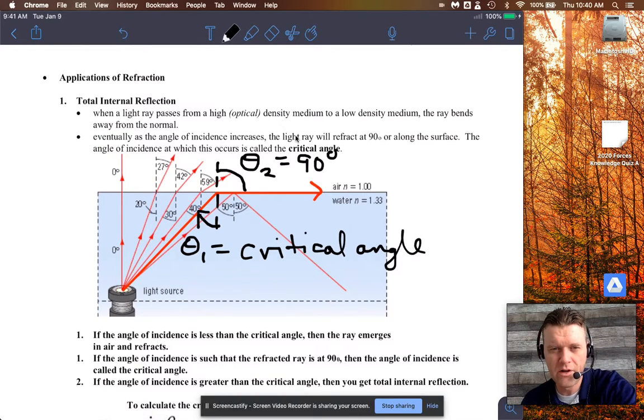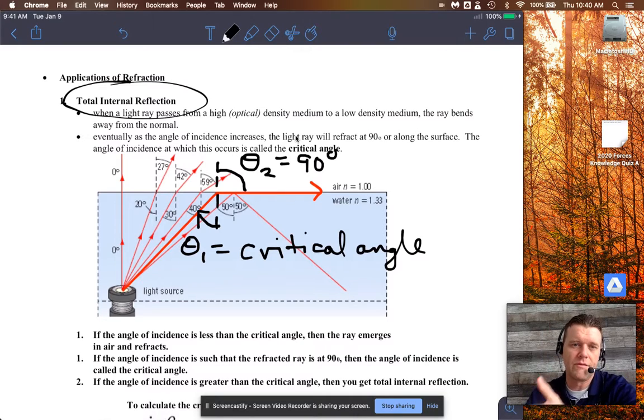If you go past the critical angle, you will experience what's called total internal reflection. The surface of the water will just act like a plane mirror. The light will try to go through it, but then it'll refract. Well, sorry, if you're past the angle, then it just reflects internally.